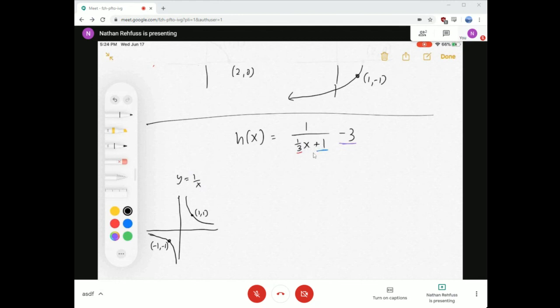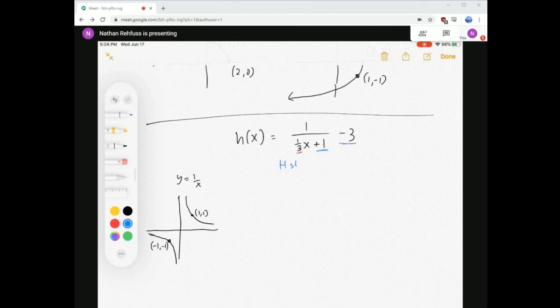So, this plus 1 is a horizontal shift, 1 unit to the left. This 1/3, now that's multiplication on the x. So that's going to be a horizontal stretch, because it's inside, and a stretch because it's multiplication. But remember, the horizontals are all weird and backwards.